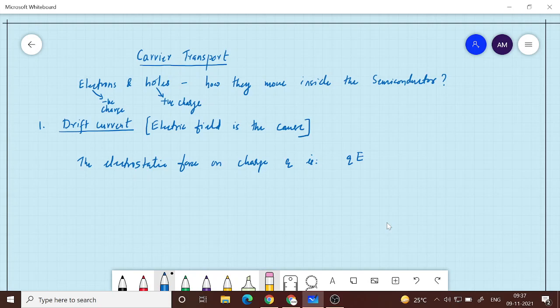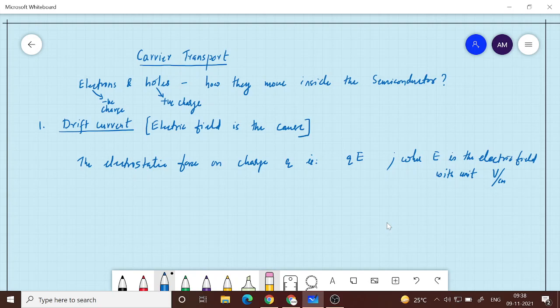Now the unit of charge is Coulomb, and E is the electric field, and the unit that we will use in this course is volt per centimeter.